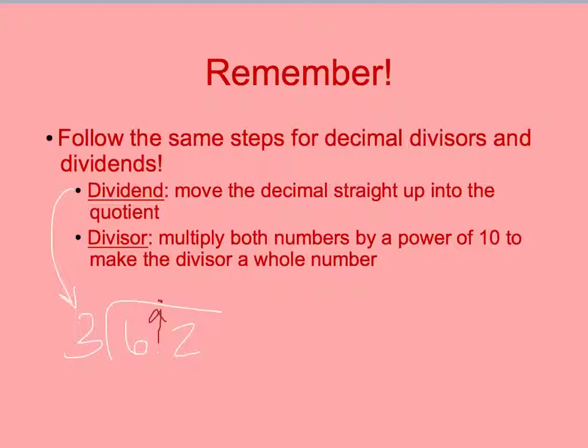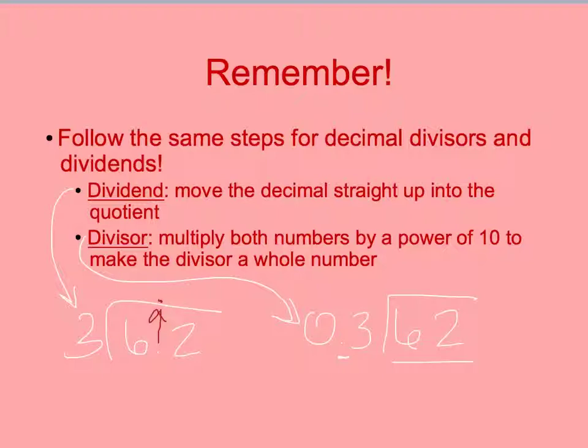However, let's assume that this problem was 62 divided by 3 tenths. This is when we have a decimal divisor. The rule for a decimal divisor is to get rid of the decimal by multiplying it by a power of 10. We did that as well at the very beginning. We started out with 8 tenths, and we had to multiply that by 10, and our dividend by 10 as well, to make sure they were staying consistent with each other before we could start dividing.